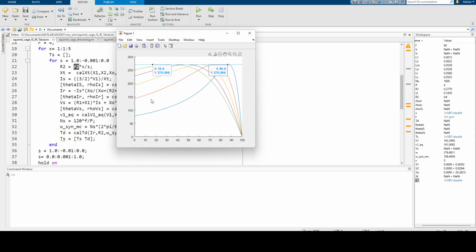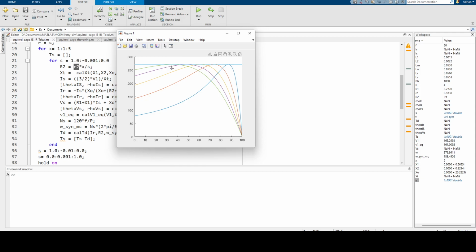So you can see here that if we increase the resistance, we get a developed torque. We get a starting torque that is bigger, and we get our maximum torque and a slip that is smaller, or a speed that is smaller.